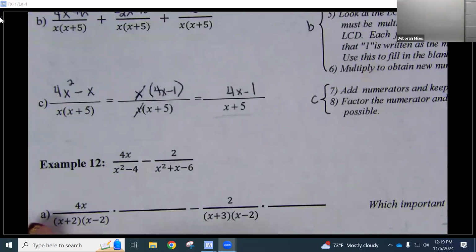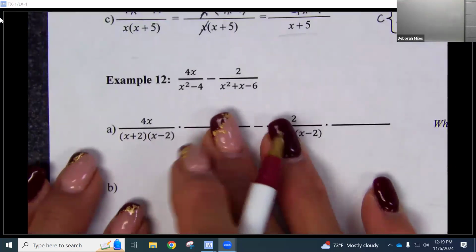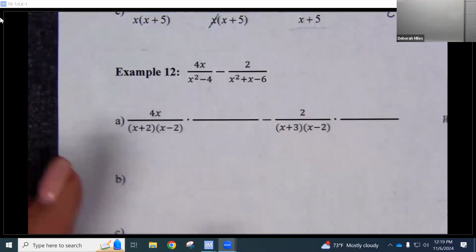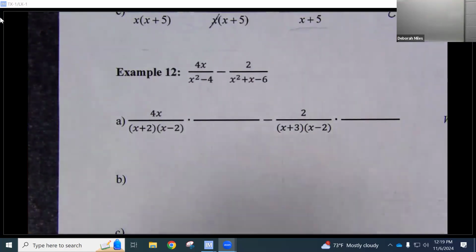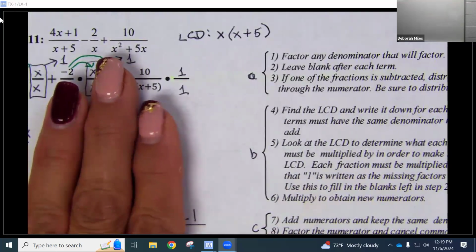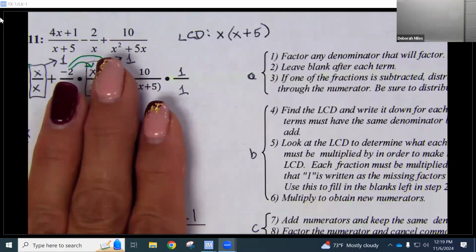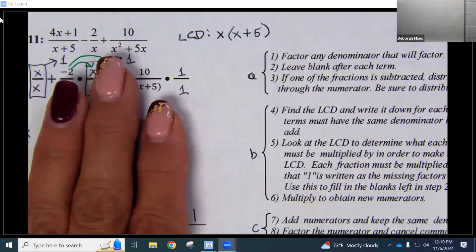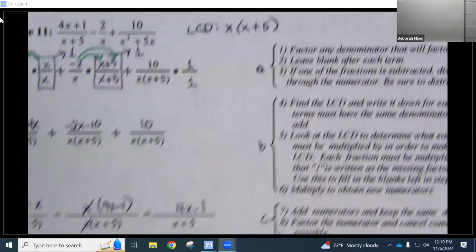So what I would suggest on example 12 is, well, let's say the first couple of addition problems in the homework you do with this paper beside you, and then put that paper away and see if you can do a couple more without it. See if you've learned the process, because that's how you do math. You talk yourself through the process.